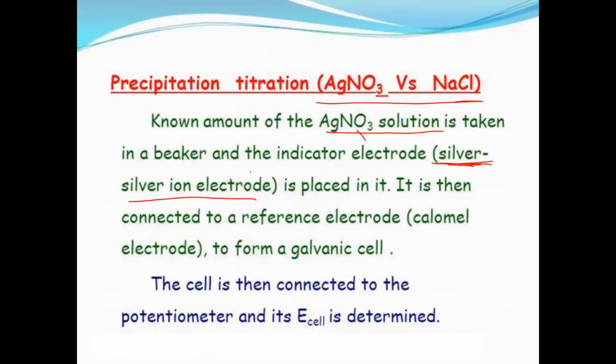The potentiometer will show the values of the EMF. So while continuously adding the NaCl from the burette to the silver nitrate, we can note the difference values coming from the potentiometer.